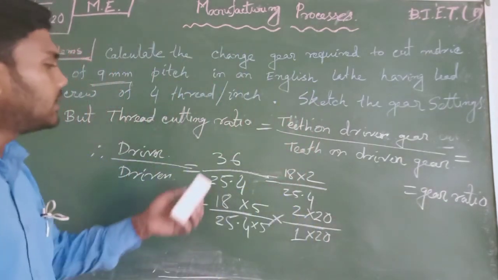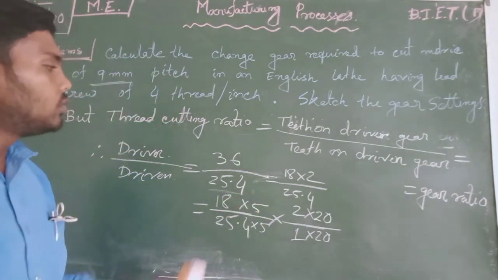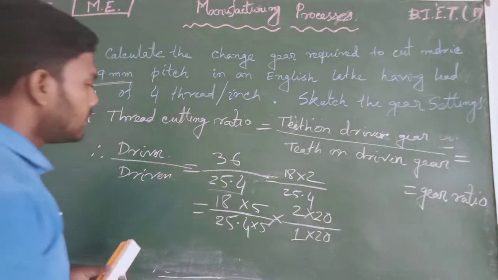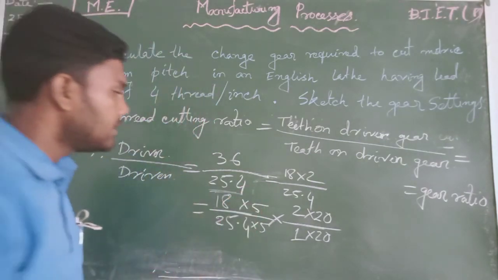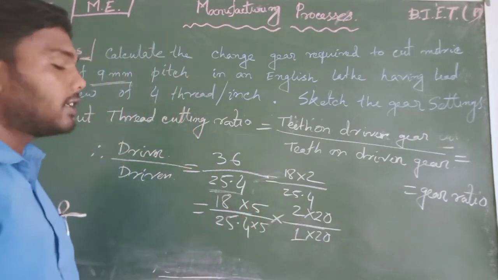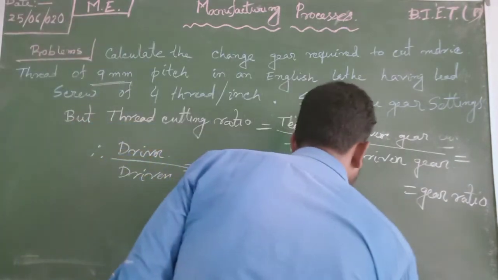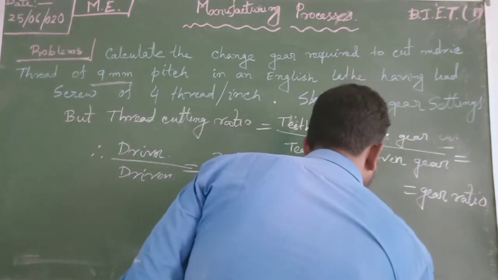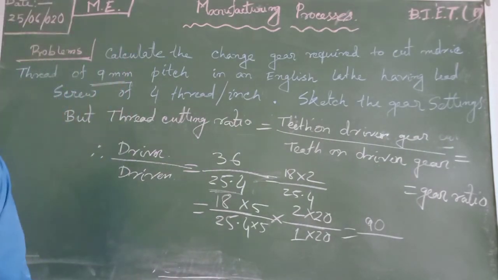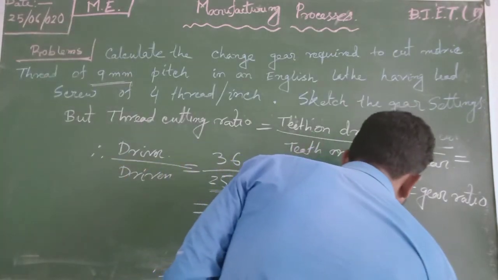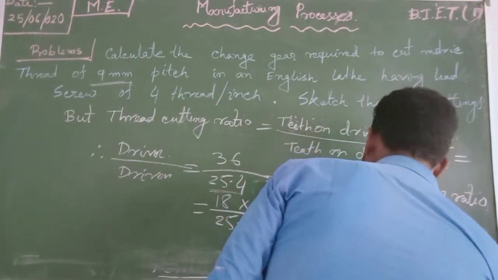Because for 36 by 25.4, this gear teeth is not available, our requirement is 4 gears. So we can expand this calculation to get the number of gear teeth. 18 into 5 is 90 by 25.4 into 5, which is 127. And 2 into 20 is 40, so 40 by 20.